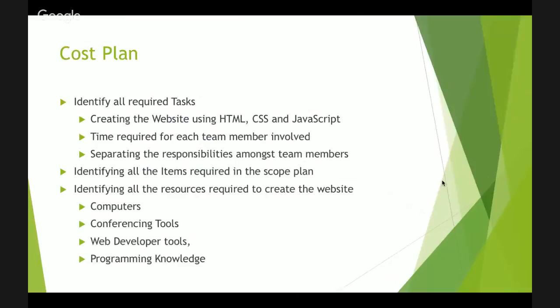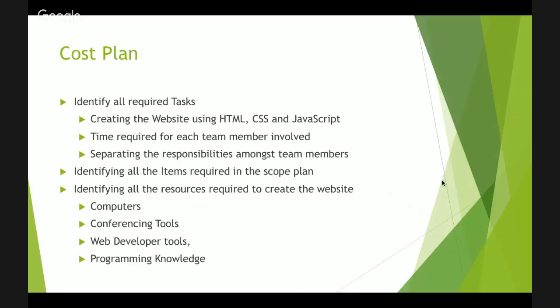The cost plan is to identify all the required tasks. So we need to go through and plan out all the things that are going to be required to create this website, things such as HTML, CSS, and JavaScript. All the time that is going to be required for each team member involved in the development process, and then separating these responsibilities amongst the team members depending on skill level and expertise.